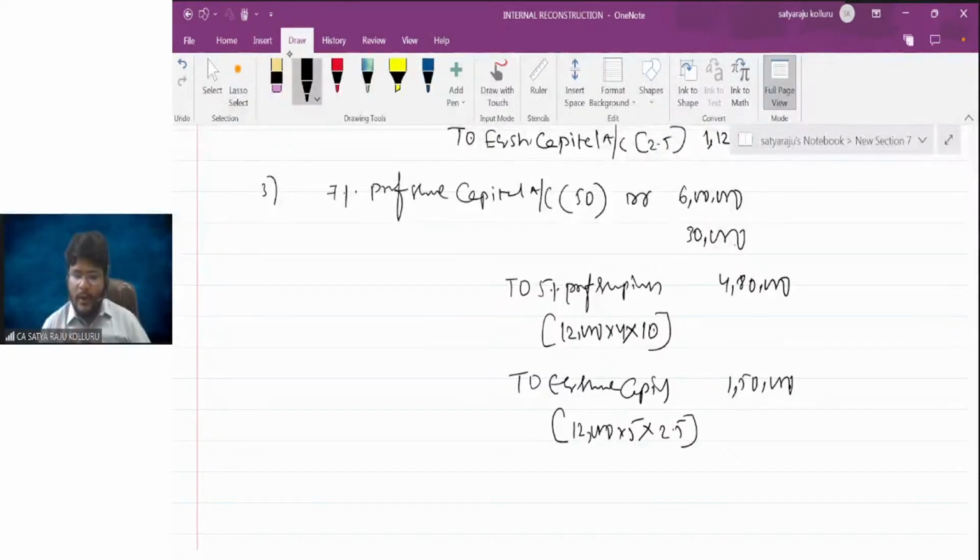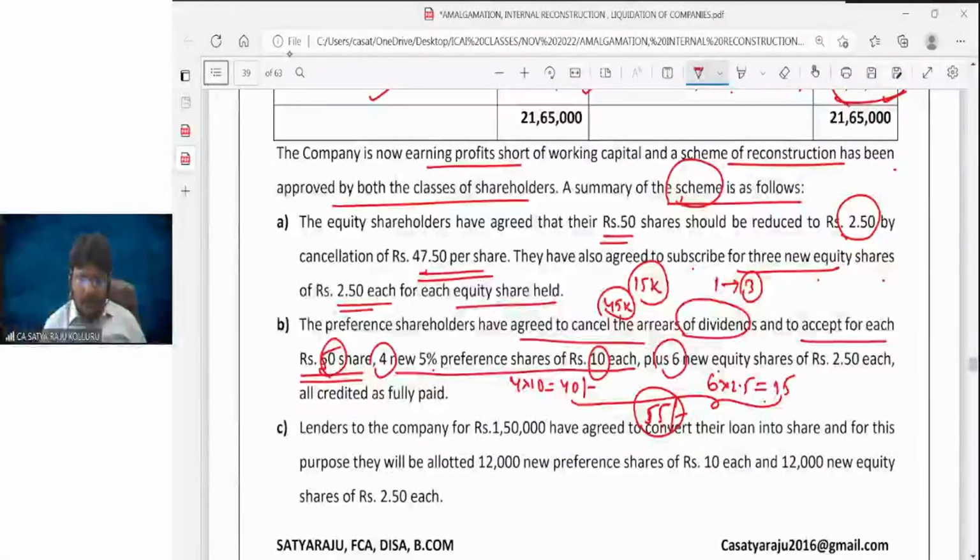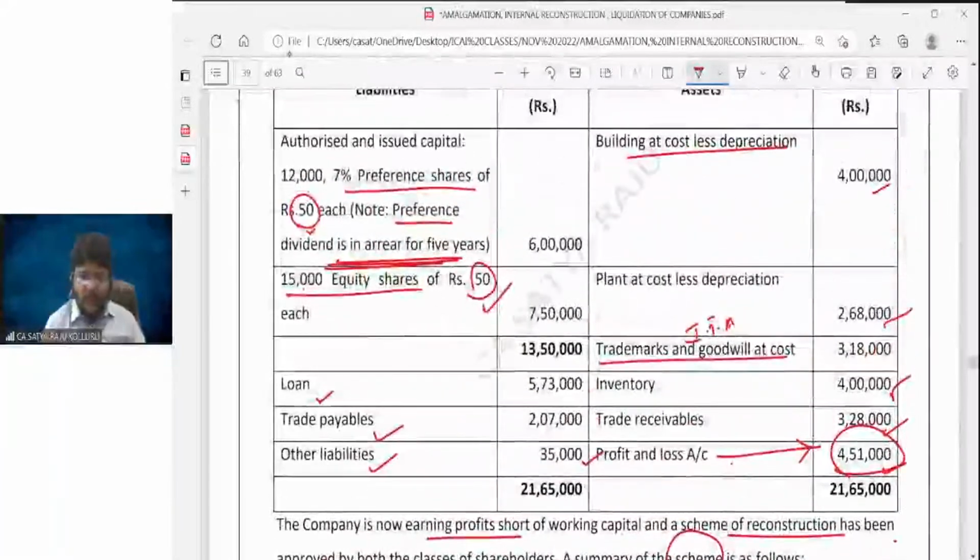Do you understand my point, sir? Out of 50, we are paying 4 into 10, 40, 6 into 2.5, 15. 40 plus 15 means 55 we are paying. That means per share we are paying excess 5 rupees. That is 12,000 into 5, so we should get 60,000.